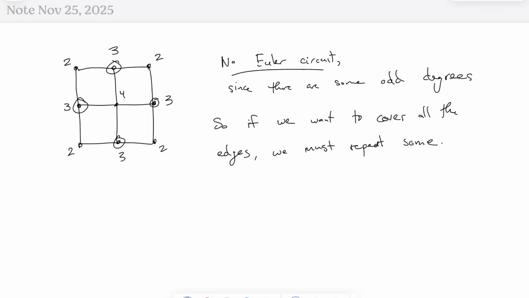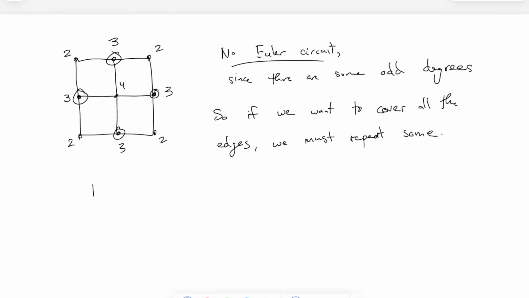Because there's no Euler circuit, you're going to have to repeat some. But for example, in this graph, could I do it only repeating one edge? Is that possible? Or do I have to repeat 2 edges or what? So the question for today is sort of our big question of the day. Not super big. I mean, we're going to be able to answer this question today.